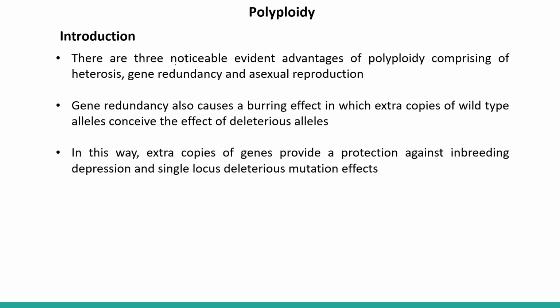There are three noticeable evident advantages of polyploidy comprising heterosis, that is the hybrid vigor, genetic redundancy, and asexual reproduction. Genetic redundancy means genes are present in paired form, and sometimes one gene of the pair does not work normally or does not express.